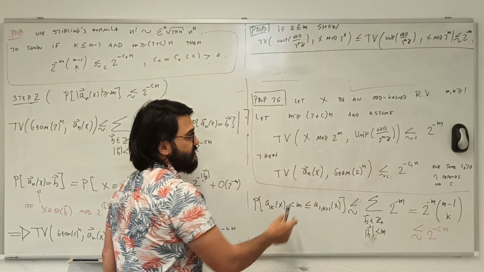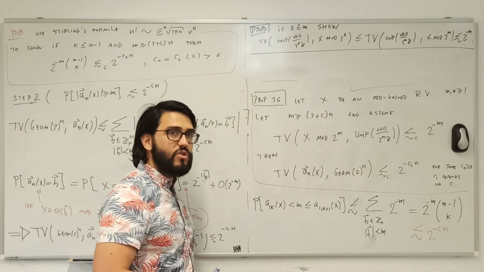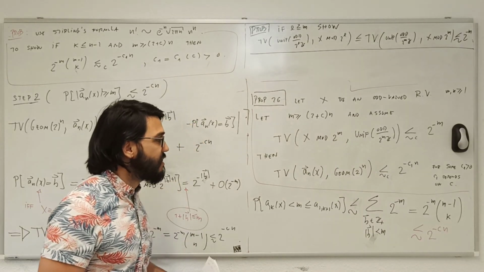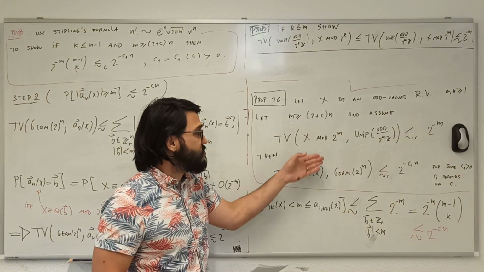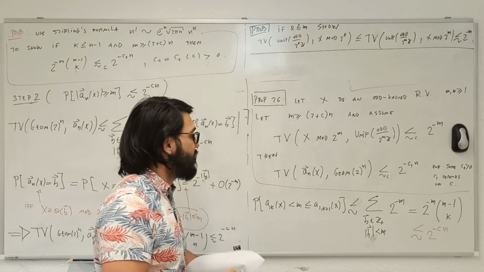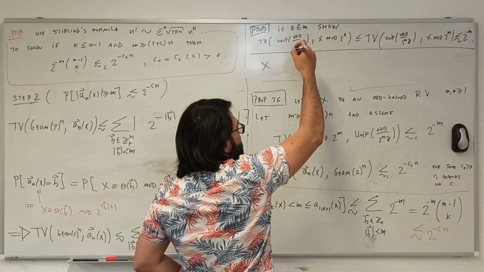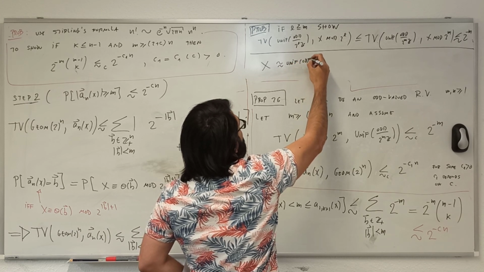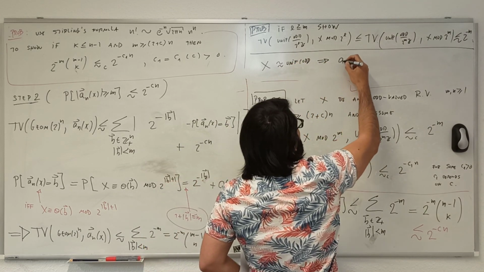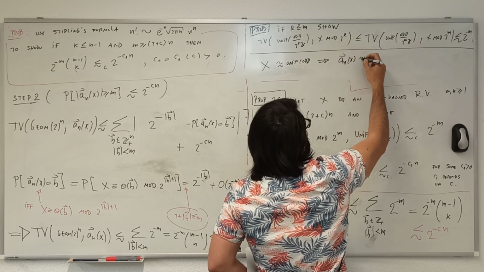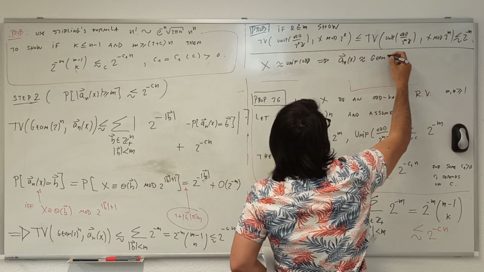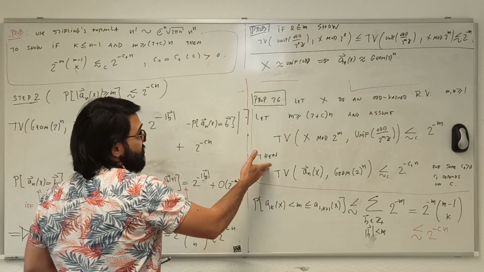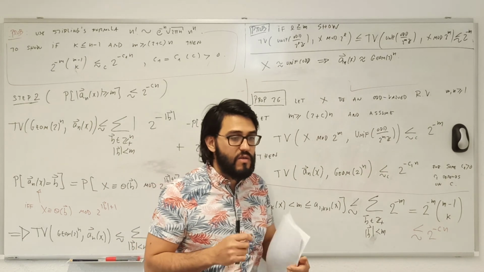So n is the size of this vector. So if you had a large residue class compared to n, greater than twice n, that will be enough to make this heuristic. The heuristic that if x is close to being uniform over the odds, then anx should be close to geom 2n. That's the heuristic. And that's what proposition 26 is, a rigorous statement about this heuristic.